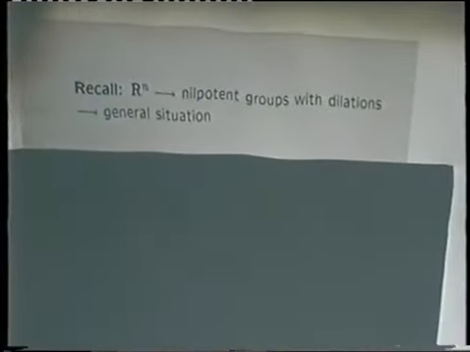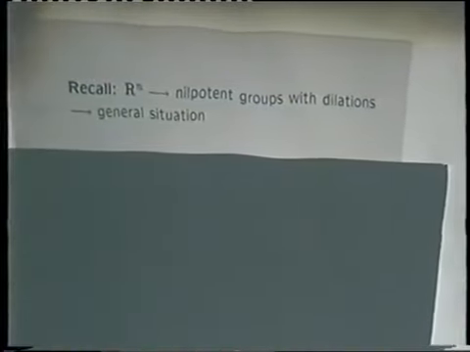We went from Rn to a model case, which is nilpotent groups with dilations, and then to a general situation. So I want to try the same steps, and we can be rather successful at the second step of nilpotent groups with dilations, but we don't know yet what to do at all in general.